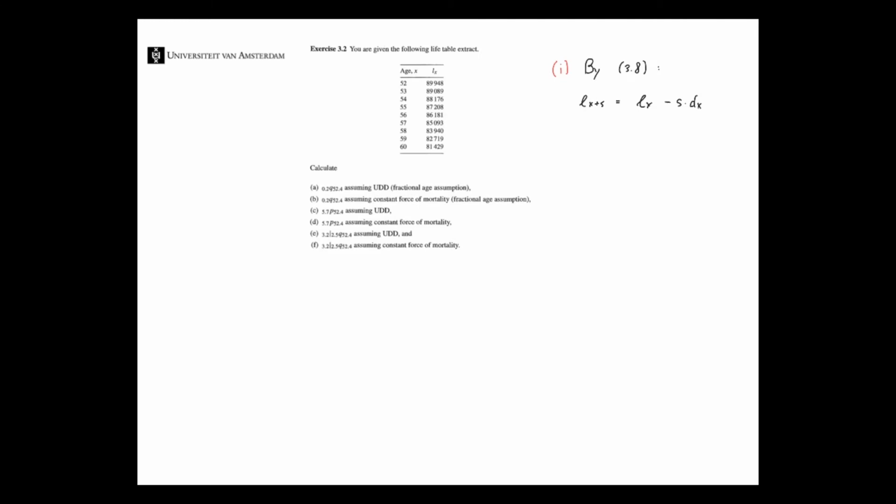And since equation 3.4 says that dx is the difference of the people at Lx minus those one time period later, we can rewrite this first equation as Lx plus s being equal to 1 minus s times Lx plus s times Lx plus 1.